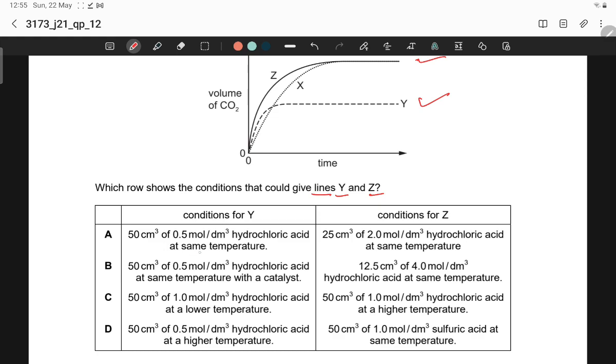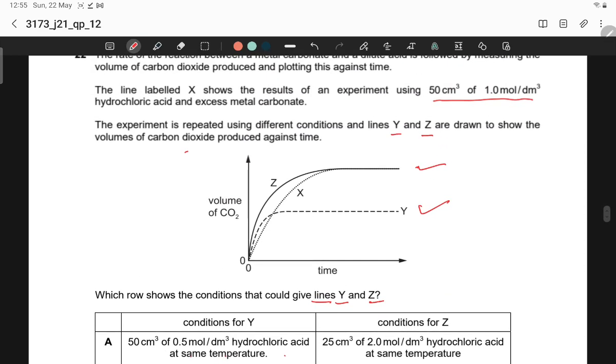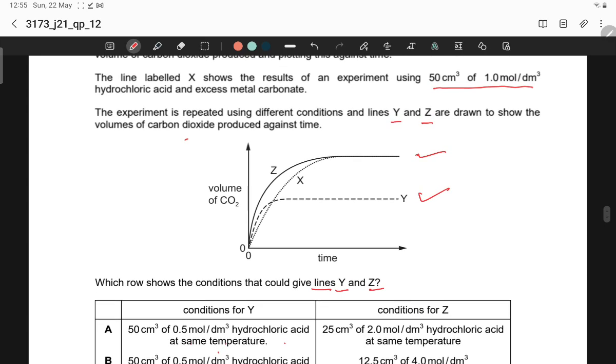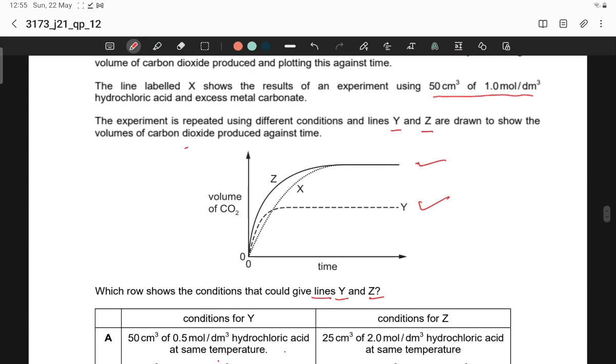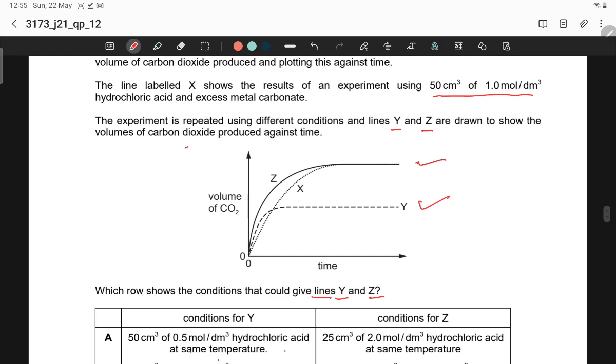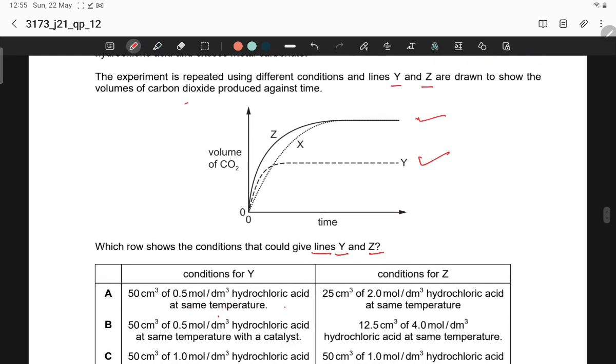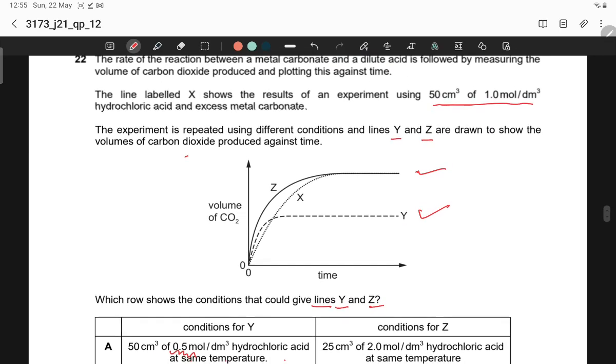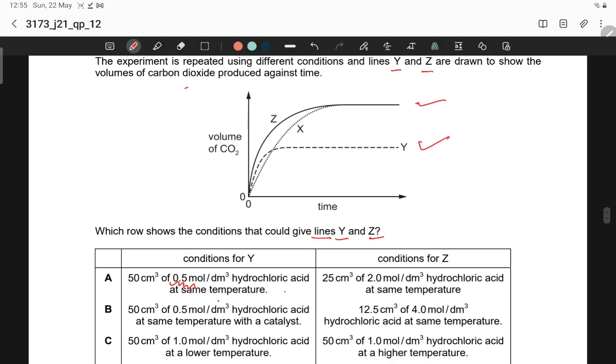50 cm³ of 0.5 mole per dm³ hydrochloric acid at the same temperature for line Y, 50 cm³ of 1. So this is correct because over here it is 1 mole per dm³ and for condition Y the concentration becomes lower, volume remains the same.